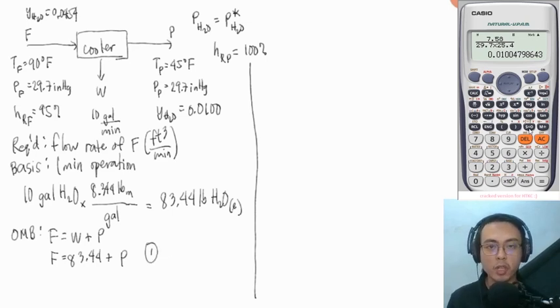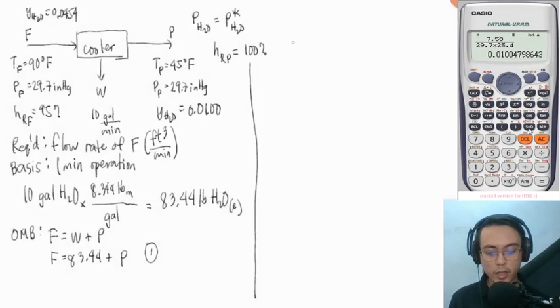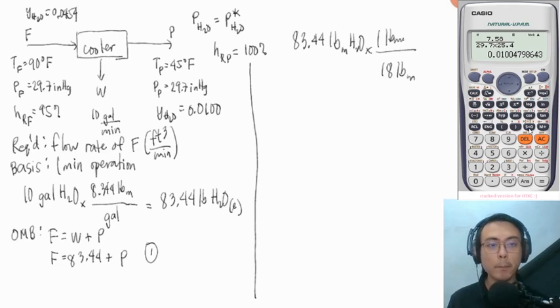So let's just perform the water balance. But before that, let's convert the mass of water to moles, because it's easier to perform the balance in moles, no? Because we are given mole fractions. So we have 83.44 pounds mass of water, and then 18 pounds mass is to 1 pound mole.